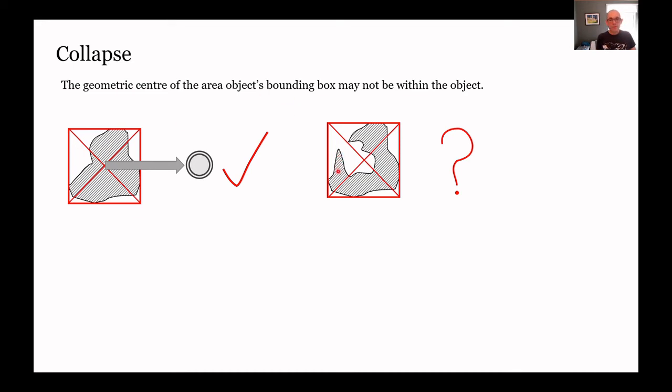But what happens if our polygon looks like this? It's got this sort of hole cut into it. And we put a bounding box around it, and the center of the bounding box isn't actually within the object we're interested in. So if we were to put our point symbol there to represent this object, it would be where it isn't.